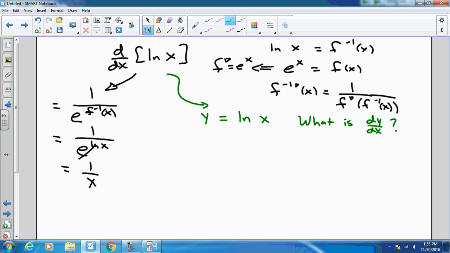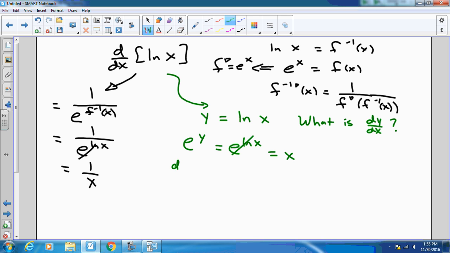What do I need to undo the ln x? In other words, if I want to somehow get rid of the ln x, what function do I need to apply to make that happen? Which is e to the x, that's right. So I'm going to raise e to both sides. And when I do, these cancel to give me x.